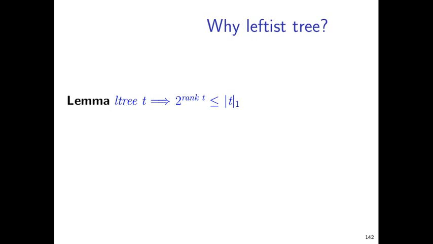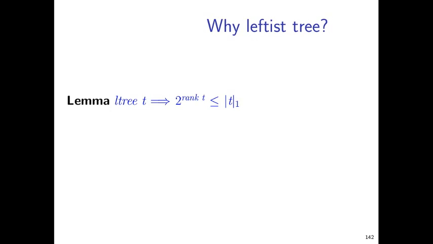You can write it down like this in Isabelle, or you can use induct. Probably you can even use induct auto, and it will do it for you. So it's not that complicated to see that this holds.